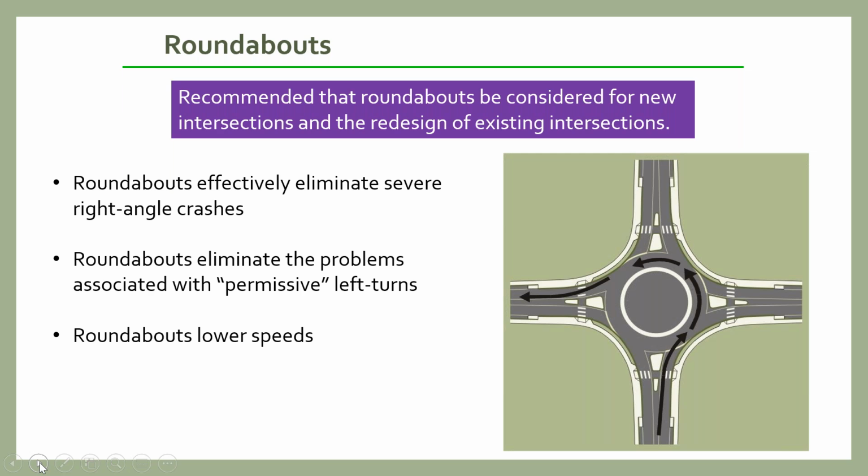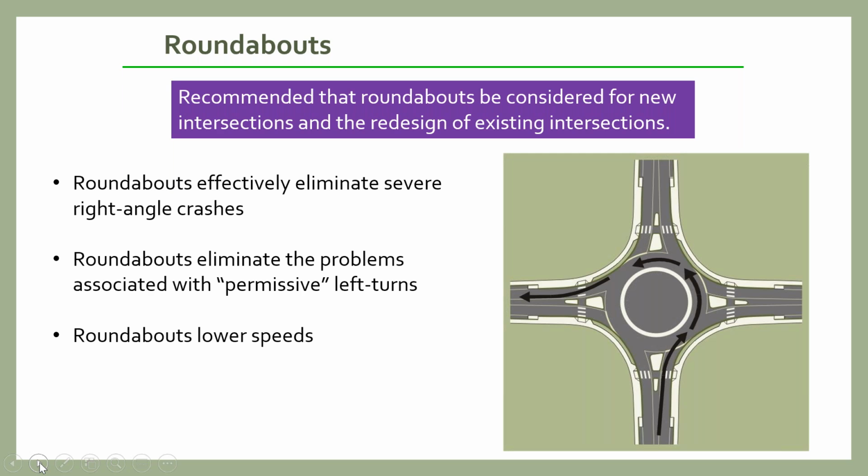Let's take the same scenario, but now it's at a roundabout. That approaching driver coming up to the roundabout, let's say they don't slow down. Let's say they don't obey the traffic control device, the yield sign, total failure to yield, and they blow right into the circulatory roadway, just similar to what a red light runner might do.